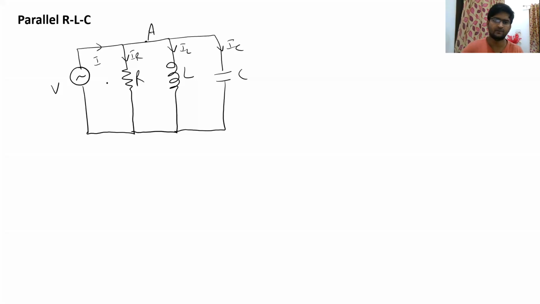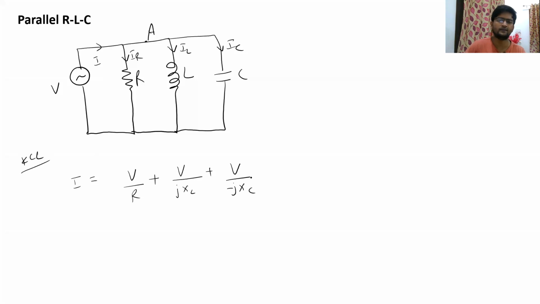Now, similar to the previous cases, if we talk about the parallel RLC circuit, let us apply KCL at A. So we will have I is equal to V upon R plus V upon jXL plus V upon minus jXC.